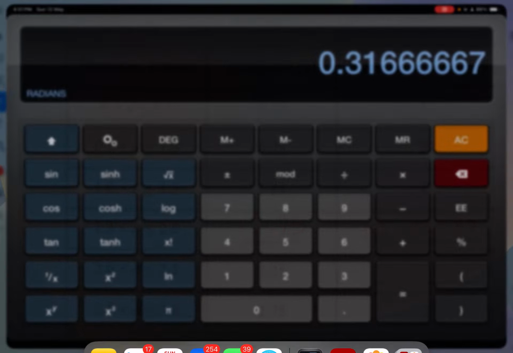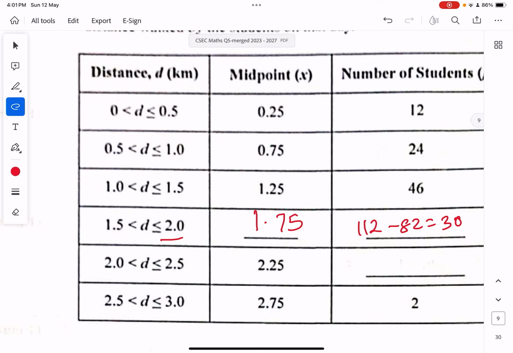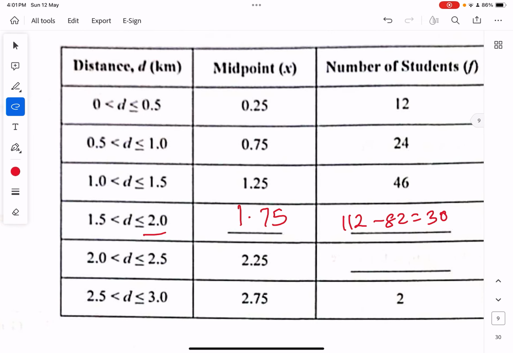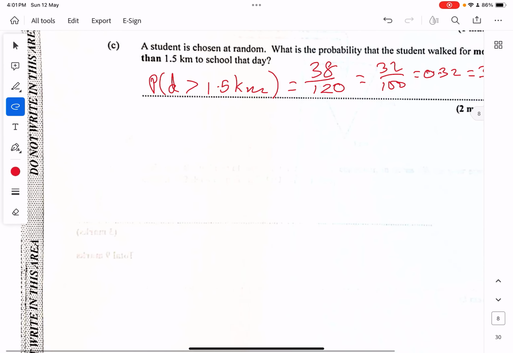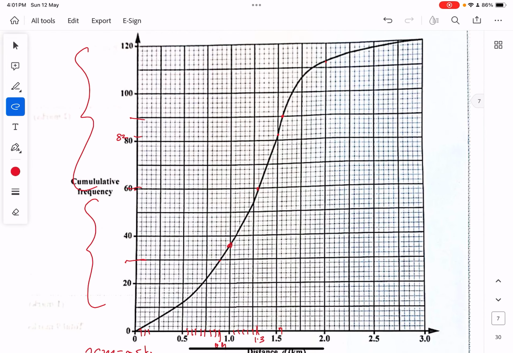Alright, so let me make sure. 112 minus 82 equals 30. Yeah. So we do the same thing for the next one. We know that at 2 we have 112. Let's see what we have at 2.5. At 2.5, we've got 118 students.